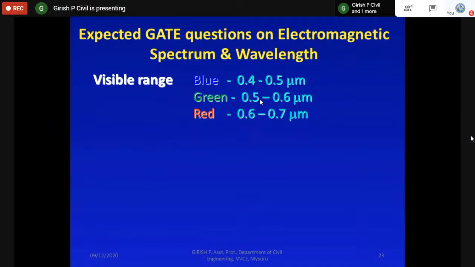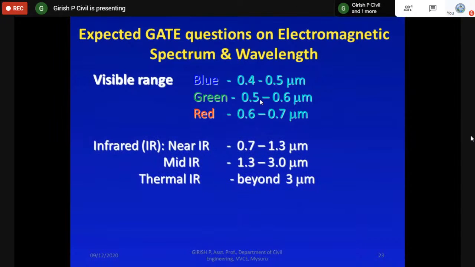The wavelength of blue is 0.4 to 0.5 micrometer, green is 0.5 to 0.6 micrometer, red is 0.6 to 0.7 micrometer. So always keep it in mind. In the visible portion, the shortest wavelength is violet and the longest wavelength is red.